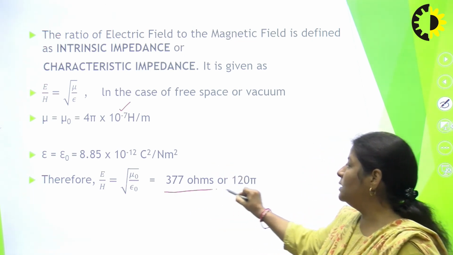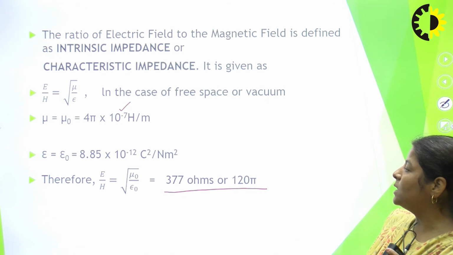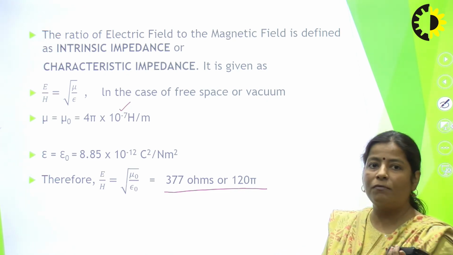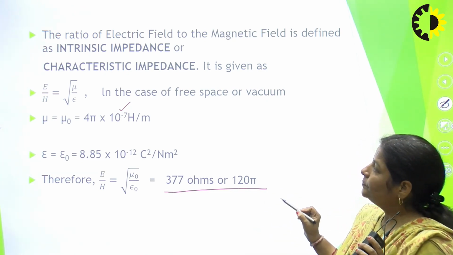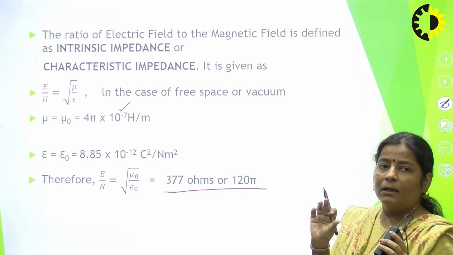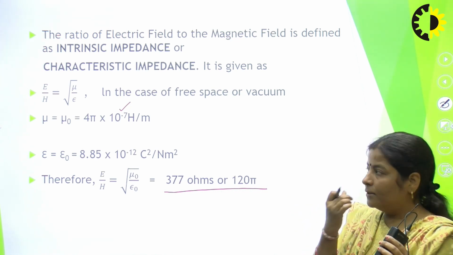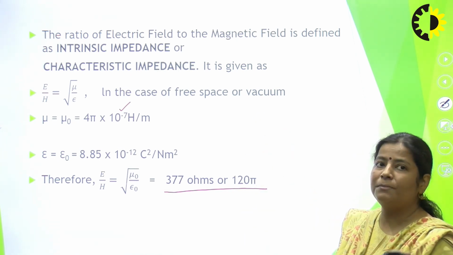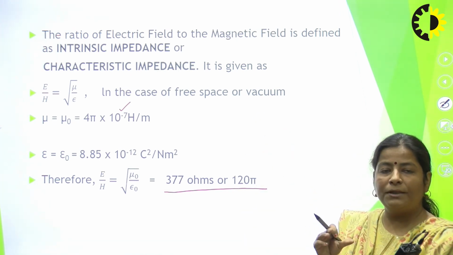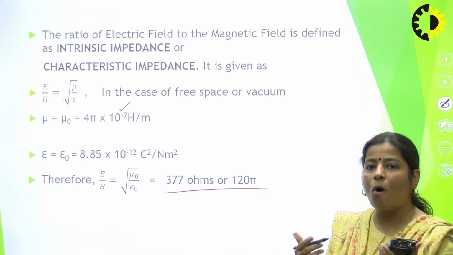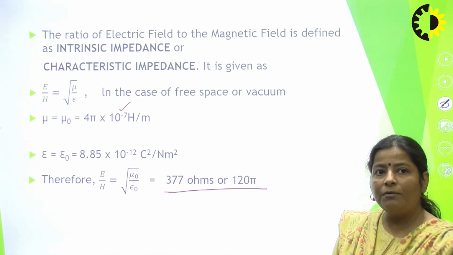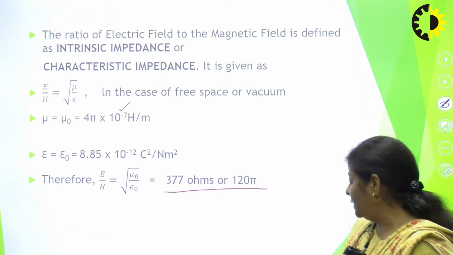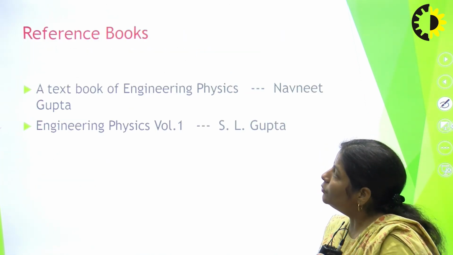Therefore, if we put these values, E by H comes out to be 377 ohms, or 120 pi. By physical significance, this characteristic impedance means the amount of impedance the medium is going to offer when the wave is propagating in the medium. So this is one property.